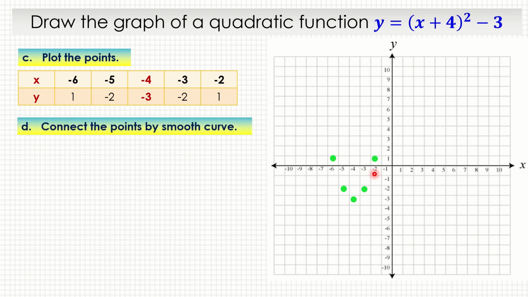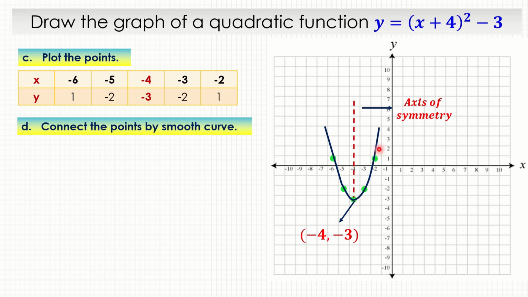For the last step, let us connect the points by a smooth curve. That will be the graph of y is equal to the square of x plus 4 minus 3, in which the vertex is at point negative 4 and negative 3, and the axis of symmetry is at negative 4.